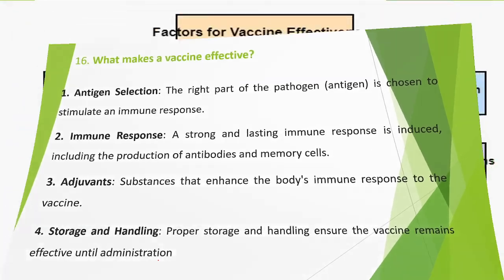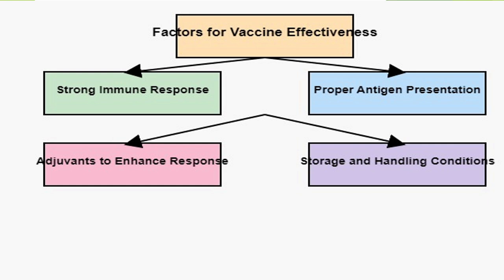Let's look at a diagram here. This diagram also explains what we just talked about. First is a strong immune response, which is immunogenicity. The vaccine must induce a robust immune response, including antibody production and activation of T cells.